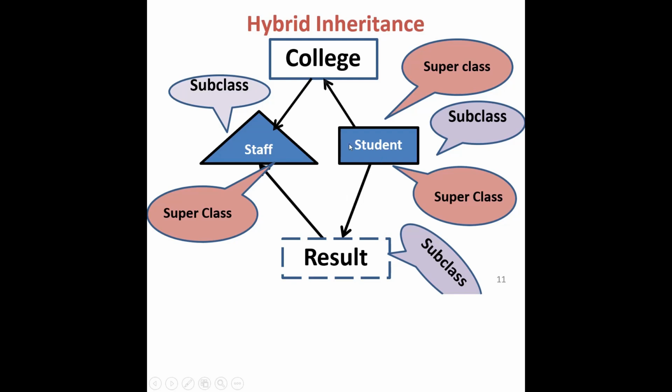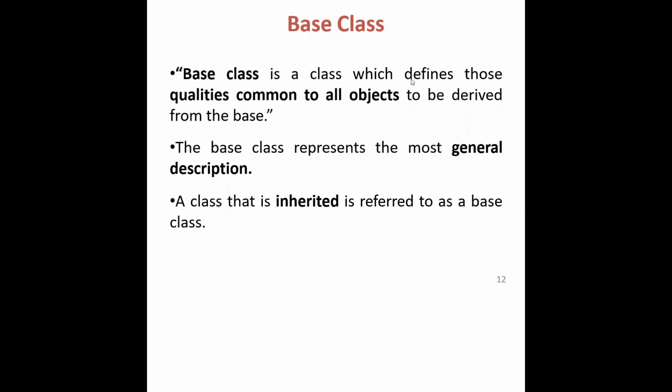Like hierarchical inheritance. Again, from these staff and student, the single subclass is derived, just like the multiple inheritance. So the hybrid inheritance is a combination of the hierarchical inheritance and the multiple inheritance.